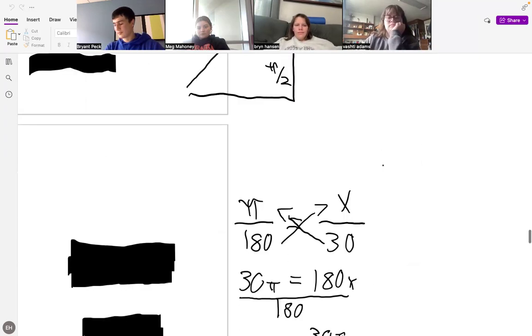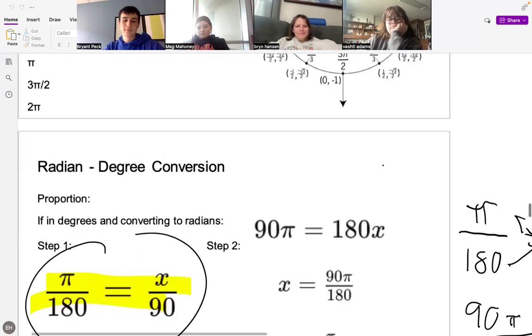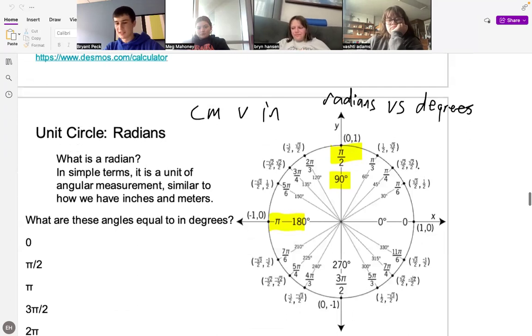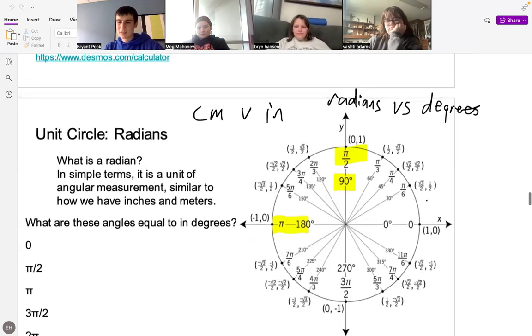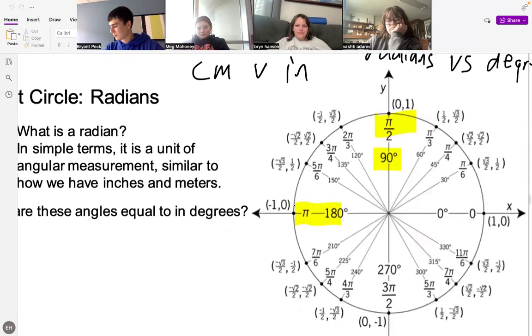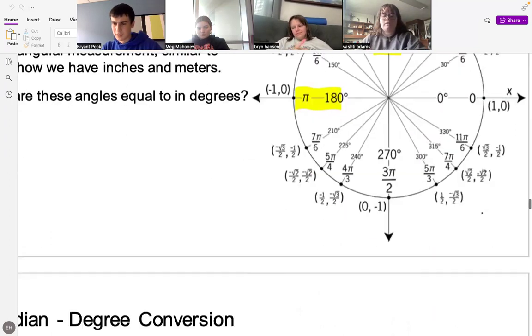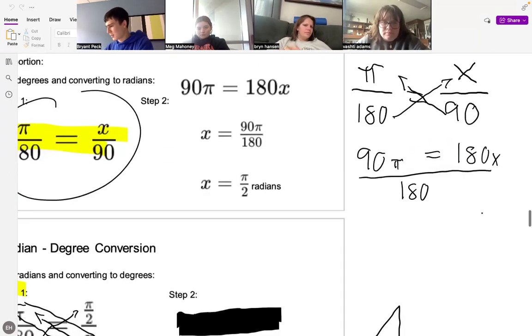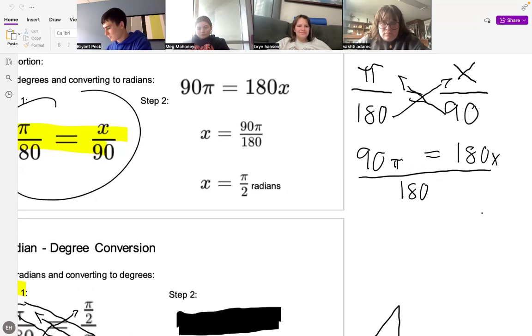And if we go back up to the unit circle, just to double check, we can see that pi over 6 does equal 30 degrees. X equals pi over 6.